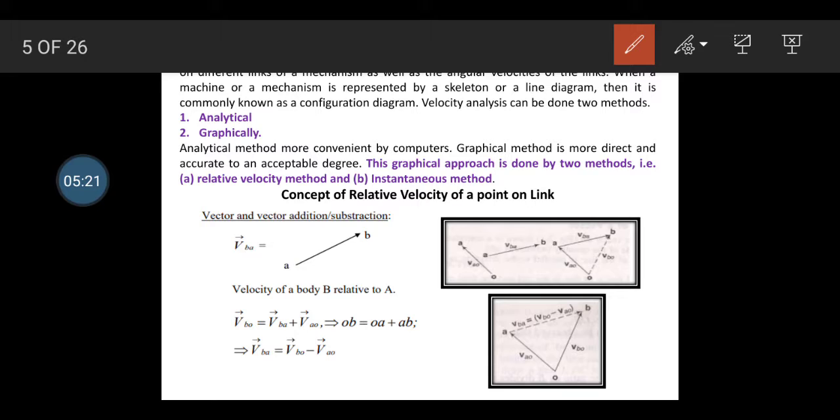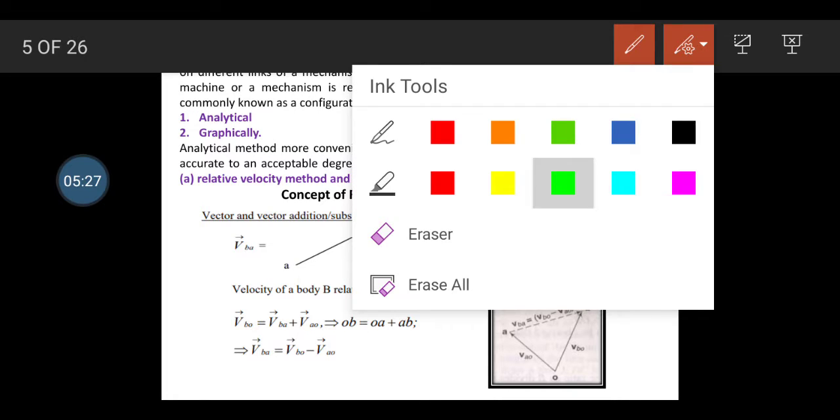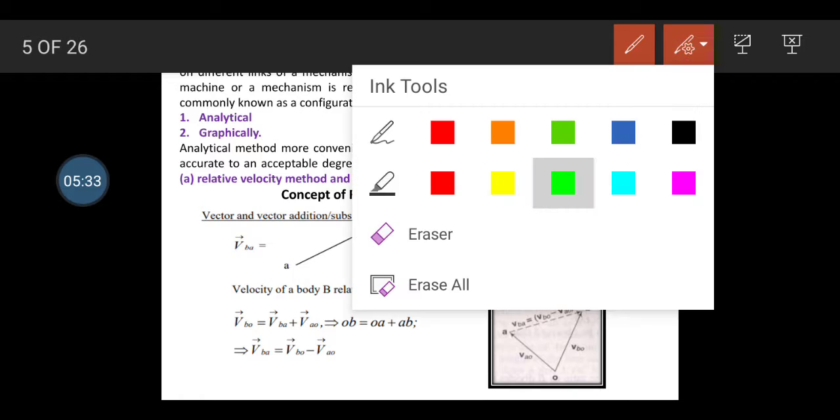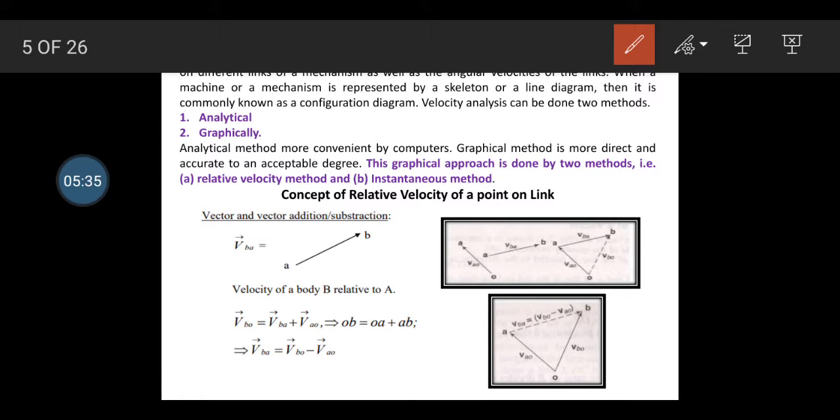That is, VBA = VB minus VA, the velocity at point B minus the velocity of A.